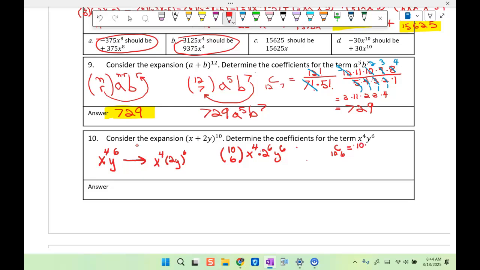It's 10 times 9, 8, 7, 6, 5, 4, dot, dot, dot, down to 1, over 6 factorial, dot, dot, dot, down to 1, times 10 minus 6, that's 4 factorial.